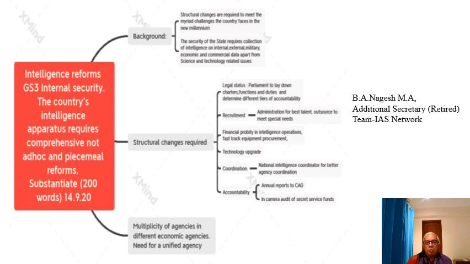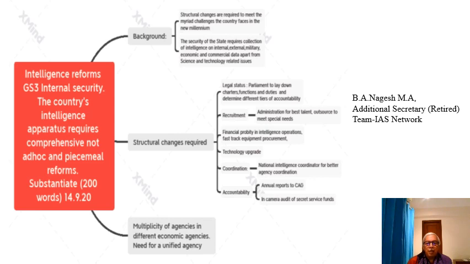So in the introduction, we speak of the changes in the immediate neighborhood, the challenges which we are facing, and the entire gamut of intelligence collection stretching from internal factors, external, military, economic and commercial data, apart from science and technology related issues. This is the introduction to the answer.